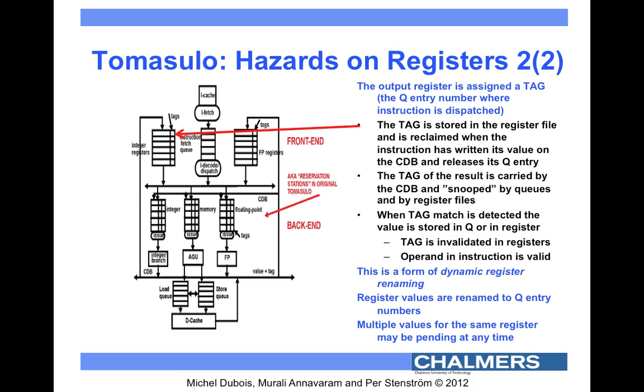So even if an instruction issued later will write to the same register that a previously issued one is waiting for, they will be associated with different tags. So we basically do, you could say, dynamic register renaming through assigning different tags.